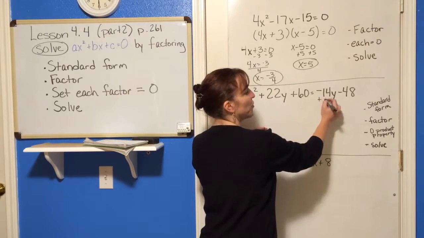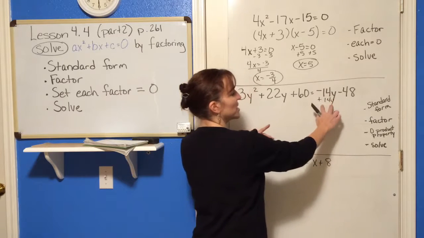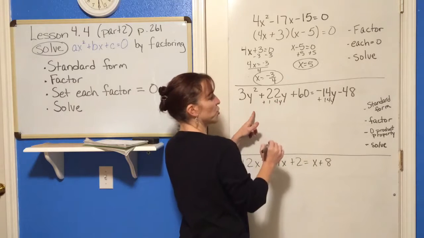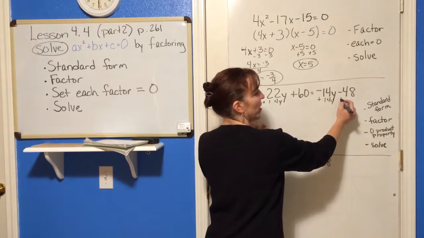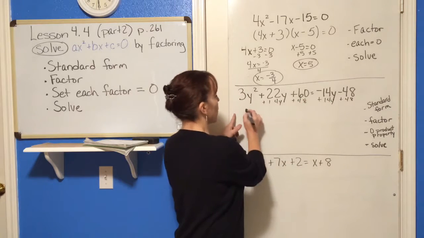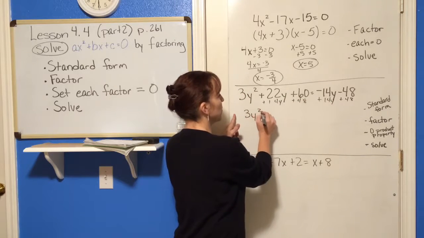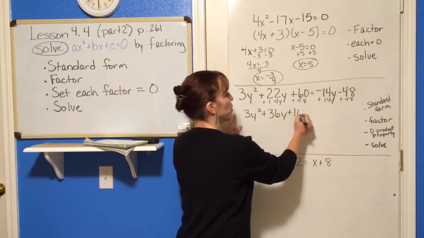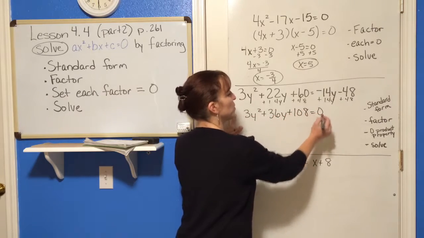So you're going to add the 14y to both sides. So you're going to match it up with the term here, and you can go ahead and add the 48 at the same time. So now we're going to have 3y squared plus 36y plus 108 equal to 0.